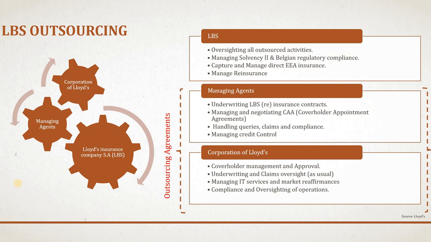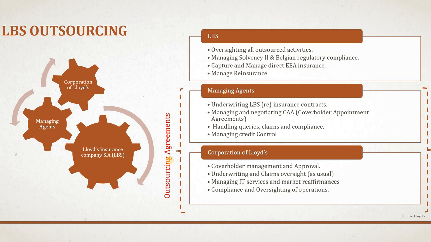One is underwriting, where the managing agent will underwrite the EEA business on behalf of the Brussels subsidiary, subject to terms and conditions already agreed by the LBS. It is also going to manage the queries, the claims and the compliance, etc., on behalf of the LBS.